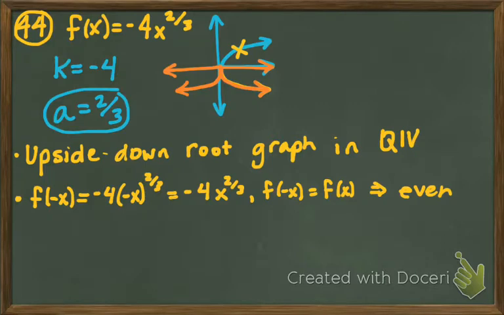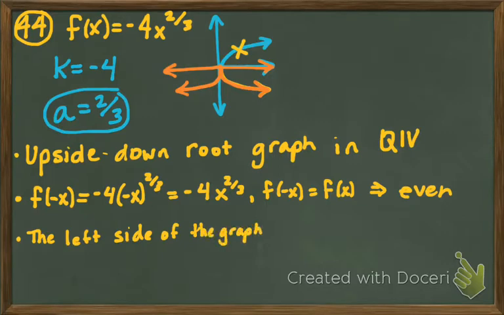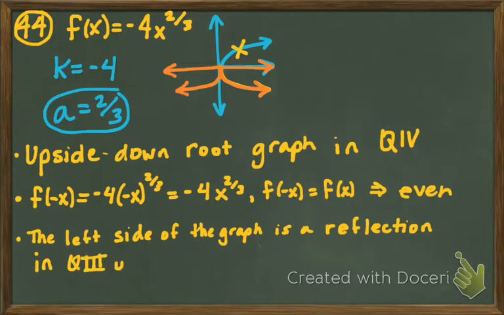And we will write the one more step that we just sketched there in orange, and that is the left side of the graph is a reflection in quadrant 3 of the right side.